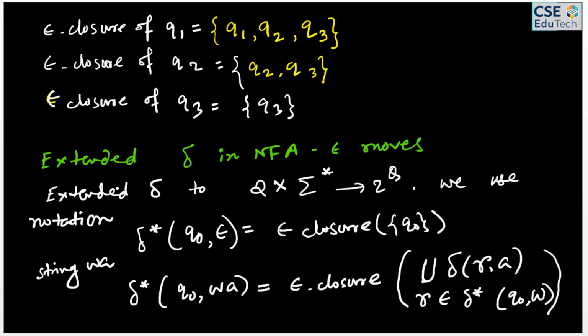So this is the definition of extended transition function, that is delta star, when there is an NFA with epsilon moves.